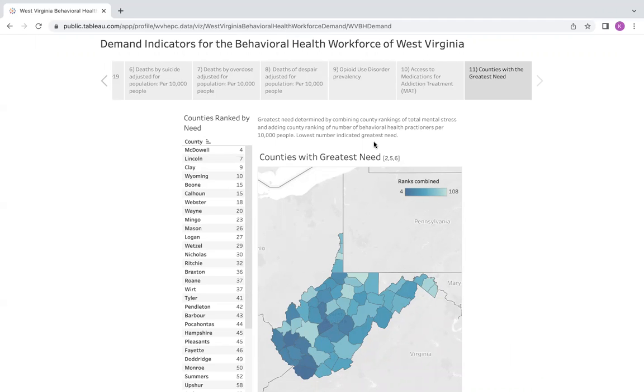Once we had those two rankings, I added them together to come up with the overall rankings by need. You can see if you hover over each county what their rankings were, and the overall ranking and list of these counties are here.